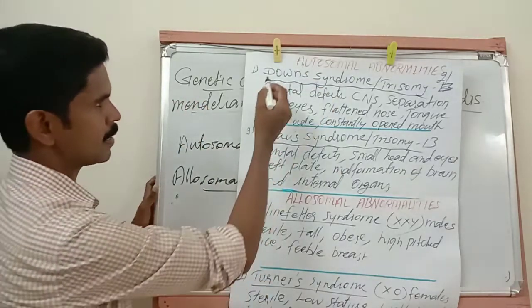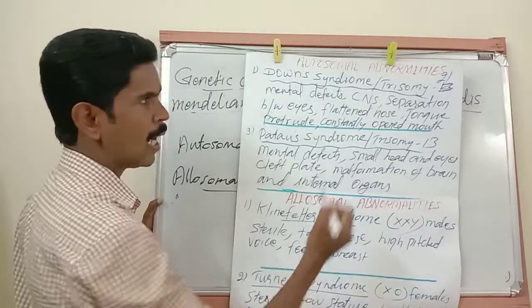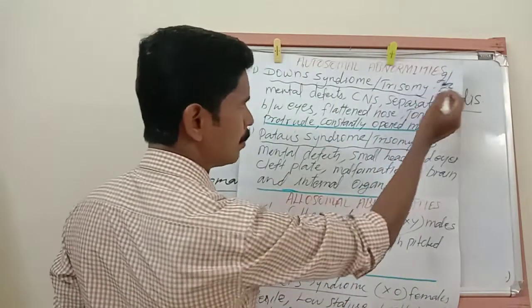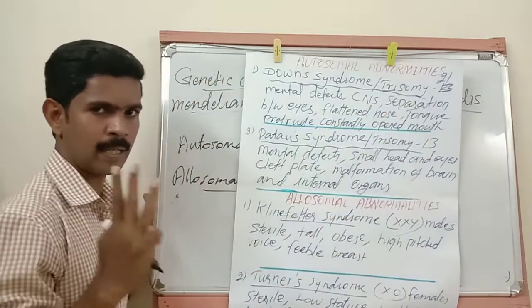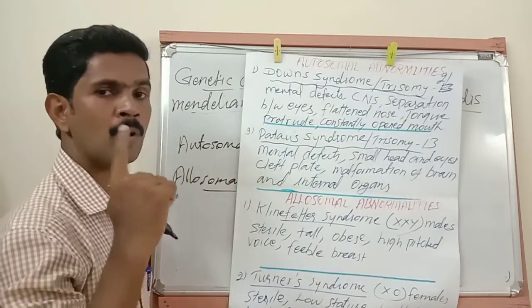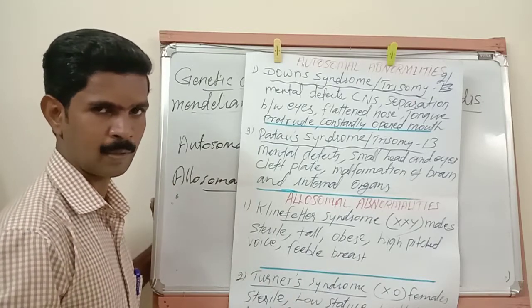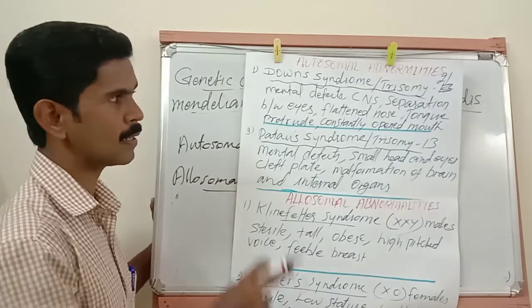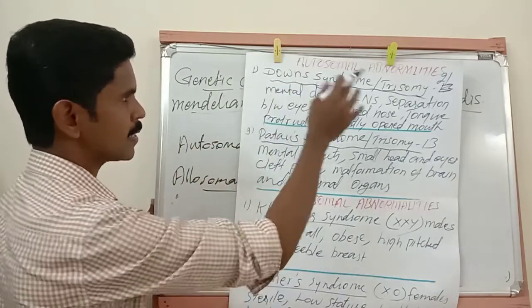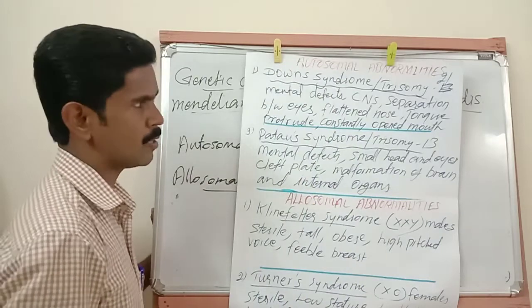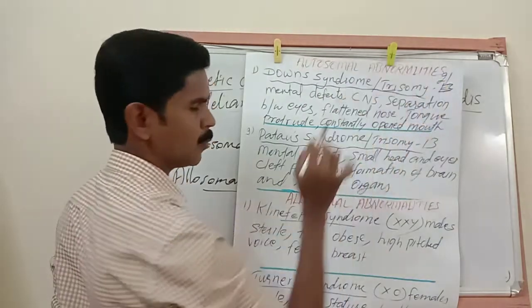The first example is called Down syndrome, otherwise called trisomy 21. Here trisomy 21 means tri meaning 3. So the 21st chromosome has one more additional copy. This condition is called Down syndrome, otherwise called trisomy 21.